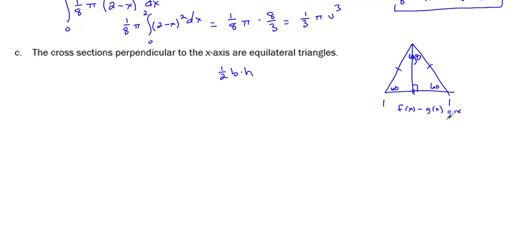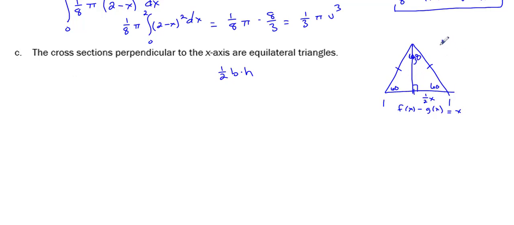If this distance across the whole triangle is x, that means this is 1/2 x. We take this side times what to get this one? You divide everything by 2, but anyway, you take the side times root 3.